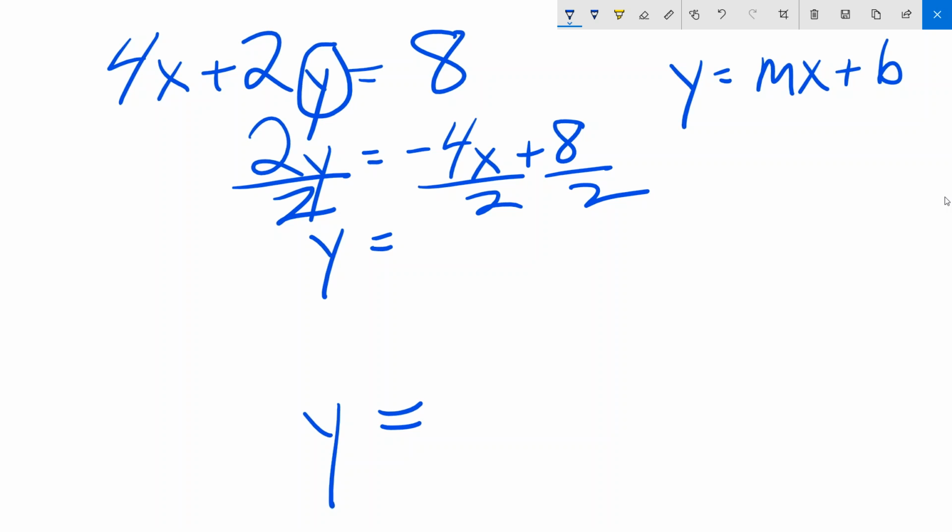So negative 4x over 2, isn't that 2 over 1? Yes. So what is minus 4x over 2? It's minus 2. Okay, minus 2.